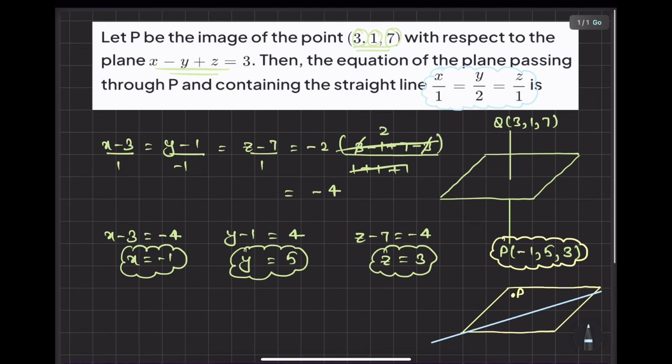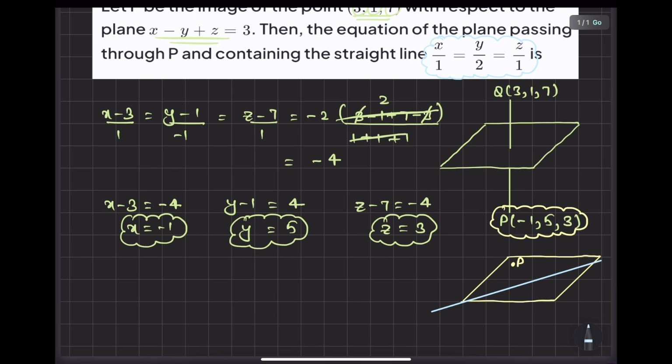You can extract a point on the line. The numerator will give you point A, that is (0, 0, 0). It was x minus x1, right? So x1 is the point, and we can find a vector parallel to the line, correct? And that is vector b, which is i plus 2j plus k, correct?